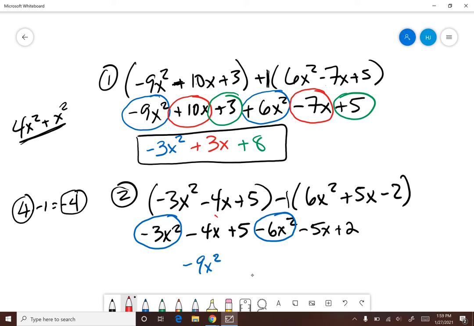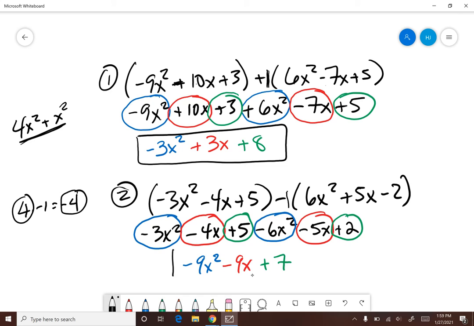I'm looking for anything that is just raised to the first power. So negative 4x minus 5x is negative 9x. And last but certainly not least, I have my constants, positive 5 and positive 2. 5 plus 2 equals positive 7. So again, this would be my answer for number 2.